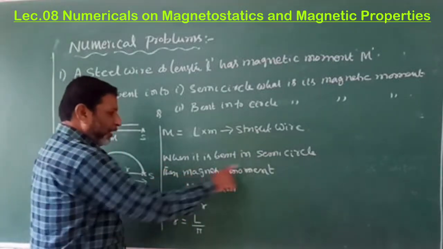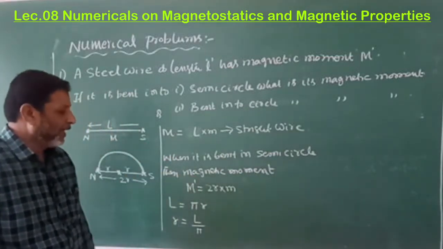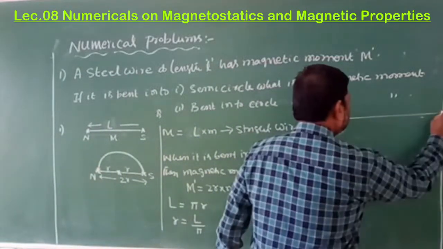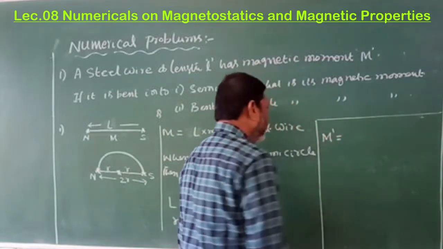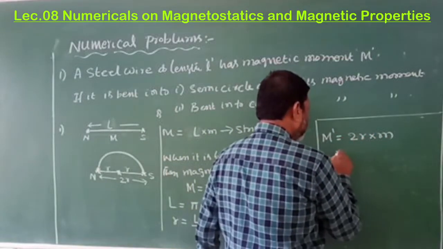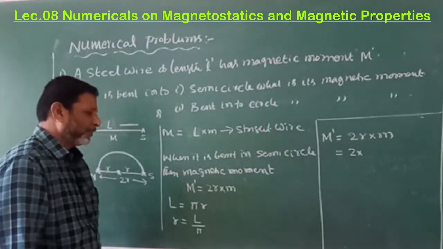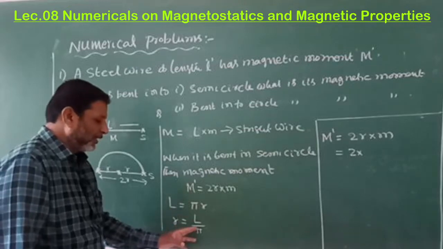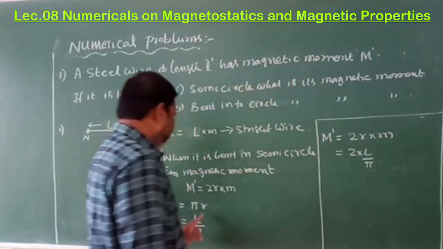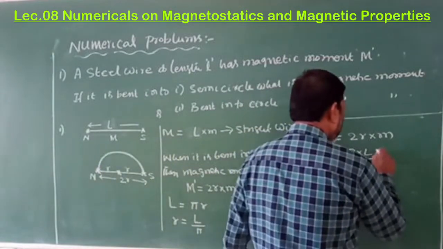Now, if I take the magnetic moment, instead of writing M, I will take it as M dash, so that you should not be in confusion. This M dash is equal to the formula 2r into m. Now this is equal to 2, as it is, and instead of r, you write L divided by pi, into m.